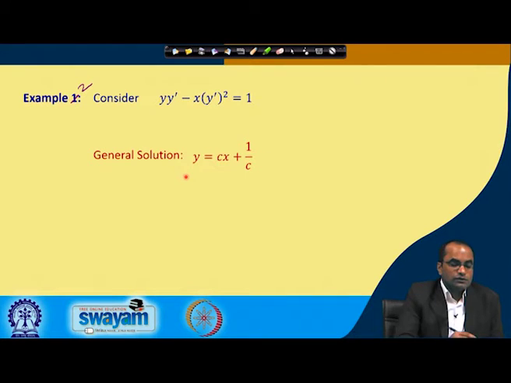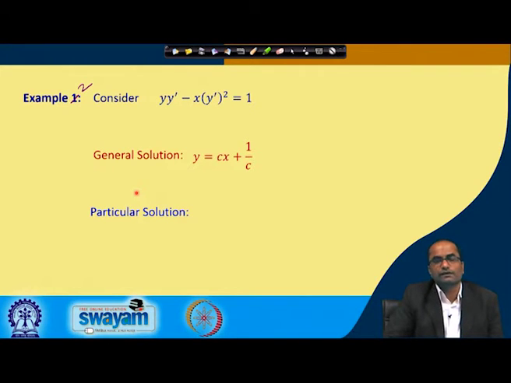So, this is a general solution, because the given differential equation was a first order differential equation, and we are getting a solution which has one arbitrary constant. But if we give any particular value to this constant, then we are basically selecting one curve out of this family.